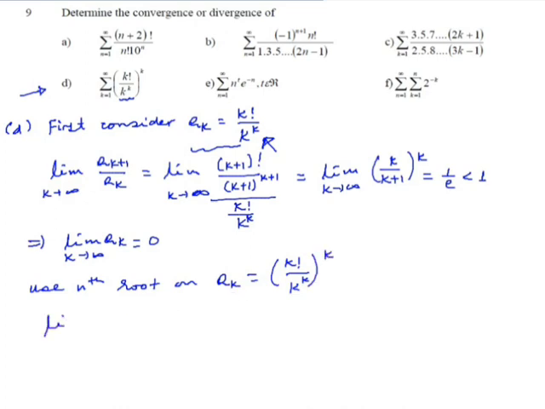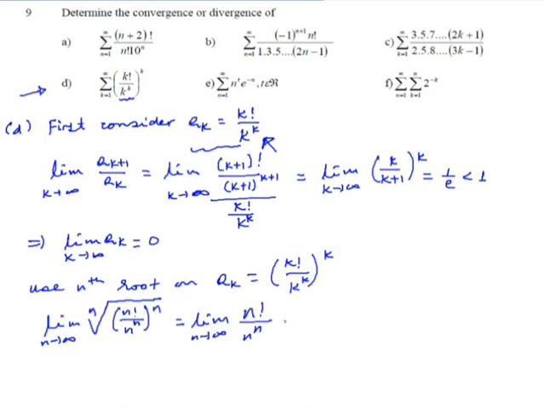So the limit of the n's root of n factorial by n to the power of n, the whole to the power n, as n approaches infinity, is the same as the limit of n factorial by n to the power of n as n approaches infinity. You can use k or n interchangeably.